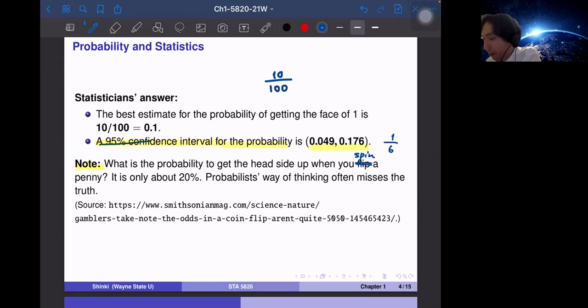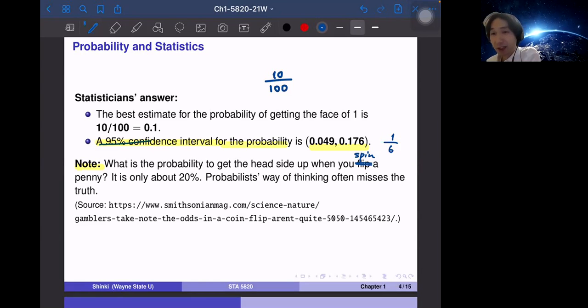If you flip the coin, maybe it just flips a few times, so the situation is a little different. If you spin a penny, then only 20% or 21% of the time it lands head side up. So it's totally different from 50%.